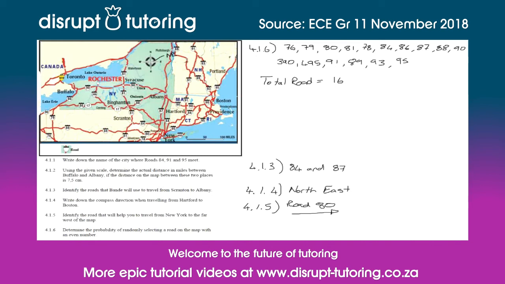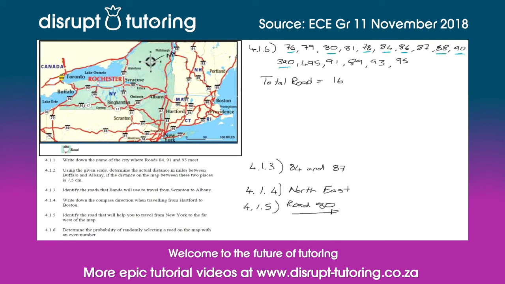Now we need to identify which of these are even. So this is even, that's even, that's even, that's even, that's even, that's even, even, and even. So then we count up this. It's 1, 2, 3, 4, 5, 6, 7, 8.